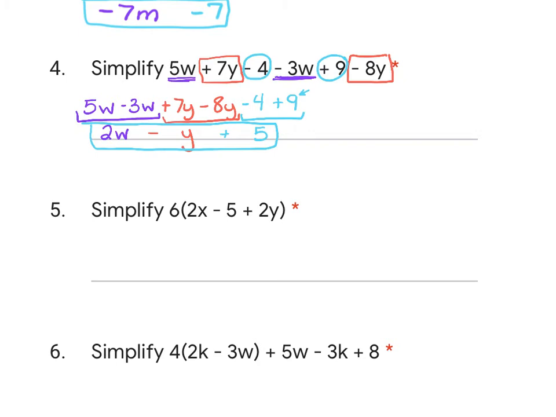So number 5, we need to simplify. So we have to distribute the 6 to each one. So I'm going to do 6 times 2x. And then I have to do 6 times a negative 5. So I'm going to put plus 6 times a negative 5. And then I have to do 6 times a positive 2y.